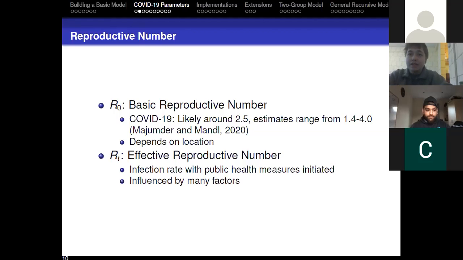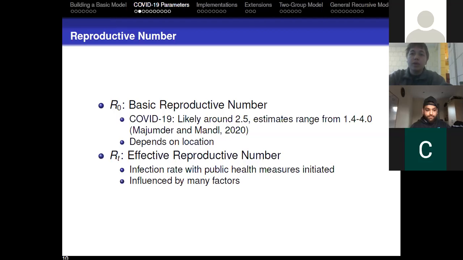R0 is partly inherent to the disease biologically, in terms of the way in which it spreads. However, it does depend on location, because it depends on how densely populated an area is, or how often people tend to interact with each other.